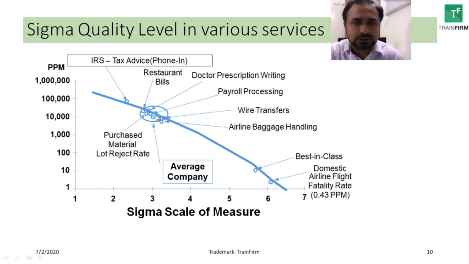It's a middle process. And then obviously IRS and tax, there are a lot of complications in there. A lot of times we don't get our returns on time or probably the right returns, and then we have to revise our returns and all of those things. It's very common. So they operate at less than 3 Sigma levels. Okay, so these are some industries and the levels they operate in.